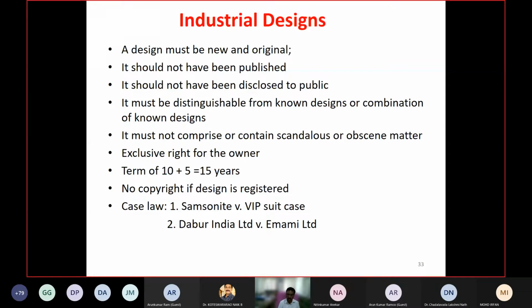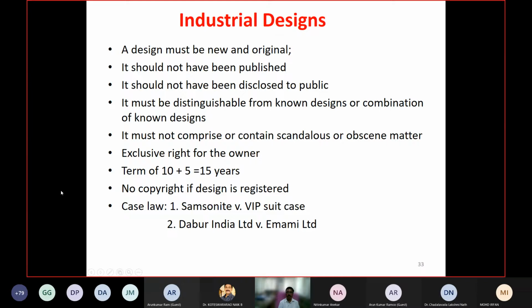We should strengthen the design law, and a product can have both registrations, whether copyright in the design or industrial design. It should be there because in the market, the investor's product has to be protected. The intellectual property has to be protected.